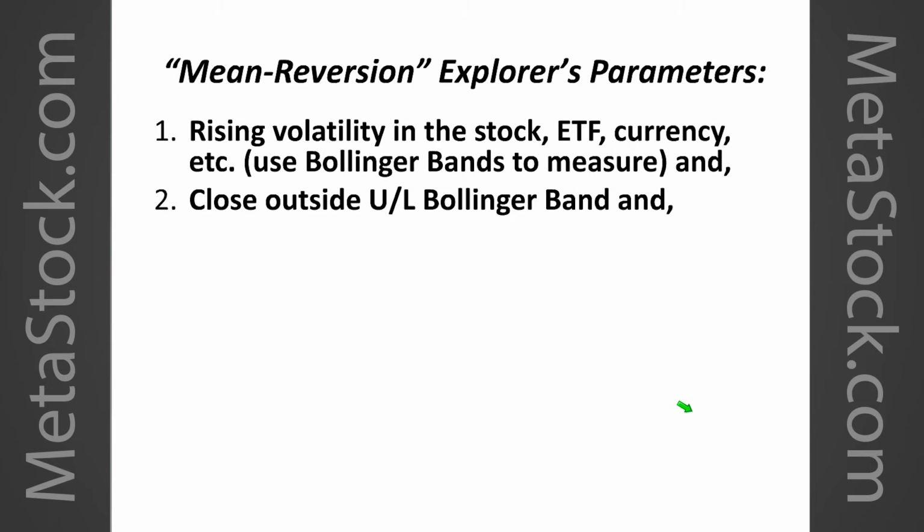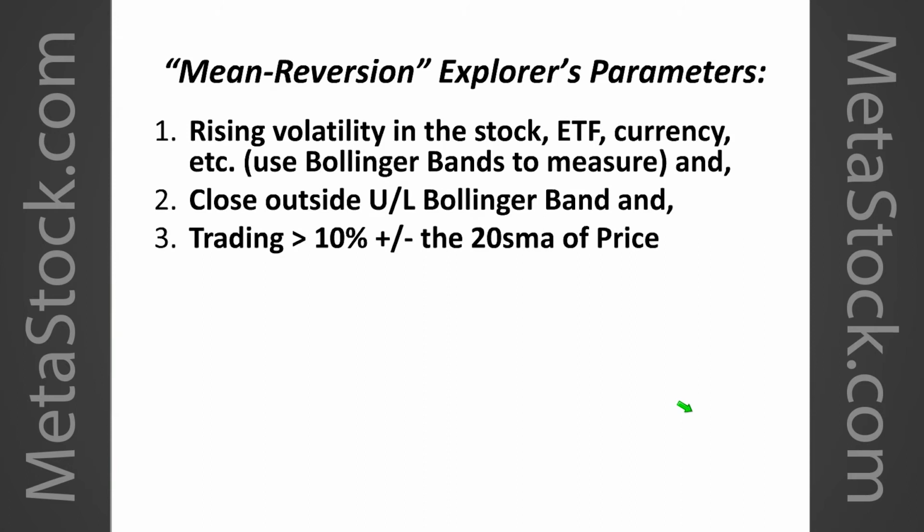Number two, we're looking for a close outside of either the upper Bollinger Band, which means we're looking at a short setup, or outside the lower Bollinger Band, which means we're looking at a long setup. Combined with that, we're looking for price to be trading outside of the Bollinger Band greater than 10% away from the 20-period simple moving average of price.